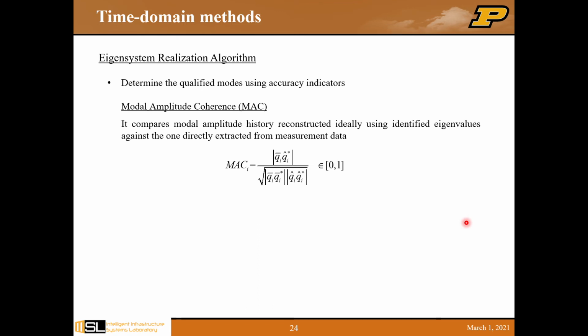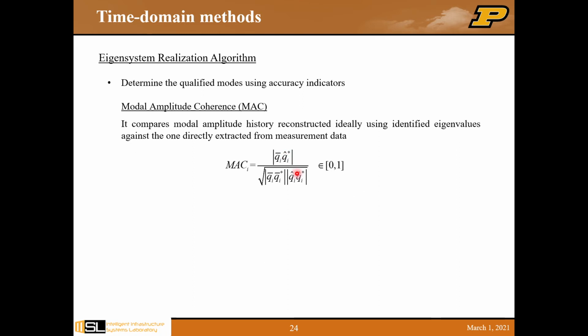The first indicator that researchers proposed is modal amplitude coherence, also called MAC. It compares the modal amplitude time history reconstructed from the initial conditions with the identified eigenvalues against the one that we directly extracted from the measurement data. So MAC compares the vectors Q bar and Q hat.